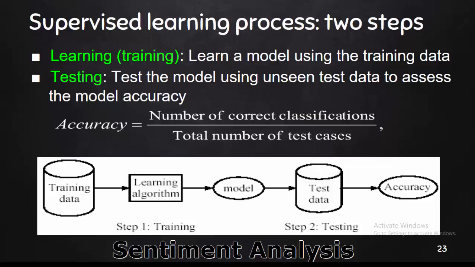So what actually happens? Training data and a learning algorithm both will make a model which will train the machine, and then we will test it with test data and measure its accuracy.